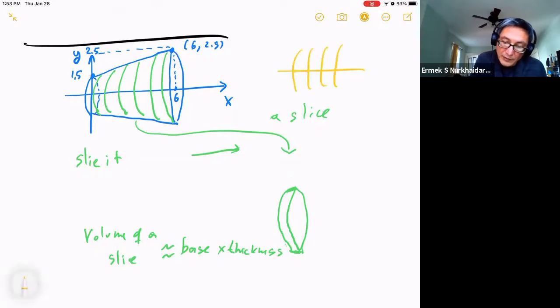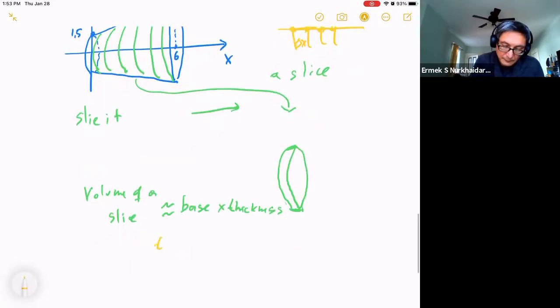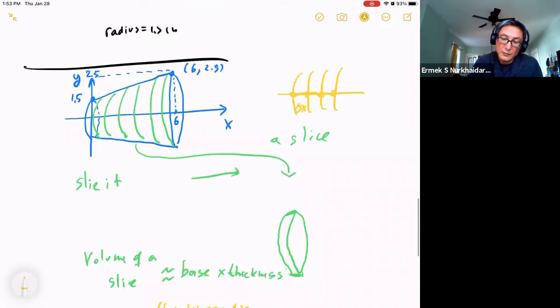So what is going to happen is I'm going to slice along the x-axis. I'm going to get delta x to be thickness. So thickness is delta x. Again, the reason is that I'm slicing, and when I'm slicing, I'm going to get delta x.